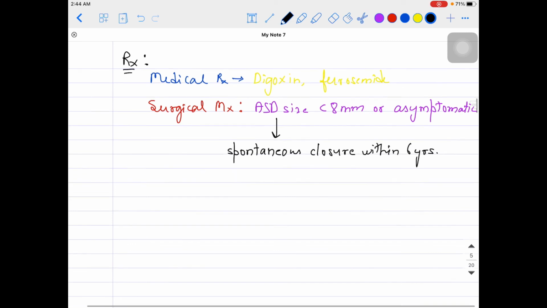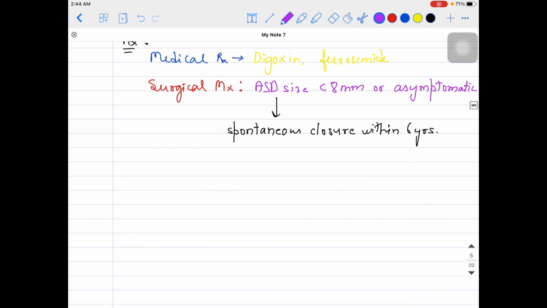Let's say the ASD size is more than 8 mm, or let's say the patient is symptomatic now, then what you will do? Or they are saying that the ASD is lesser than 8 mm, but at the same time it is persisting for more than 6 years.